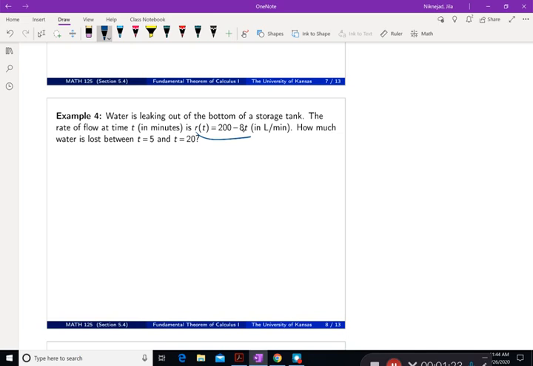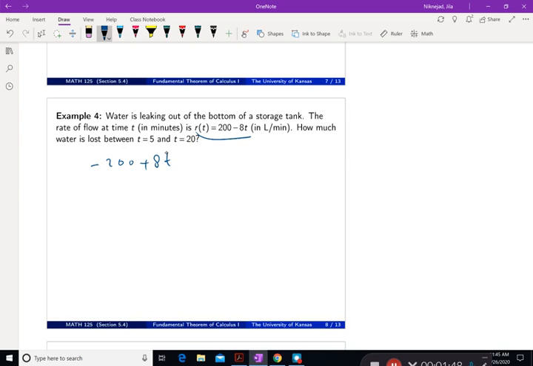Be careful, this is the flow out, but that means that the change in the amount of water in the tank is basically going to be the negative value of this. So the actual rate of change is negative 200 plus 8t.